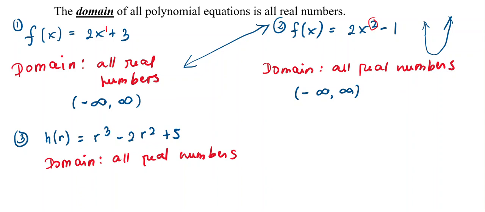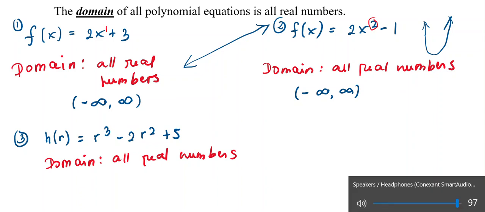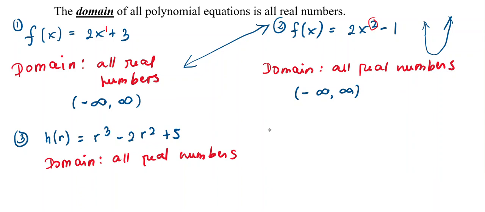And even if it's to the fourth or to the fifth, let's say, for example, number 4, g of x is equal to 3x to the fourth minus 2x to the third plus 5.